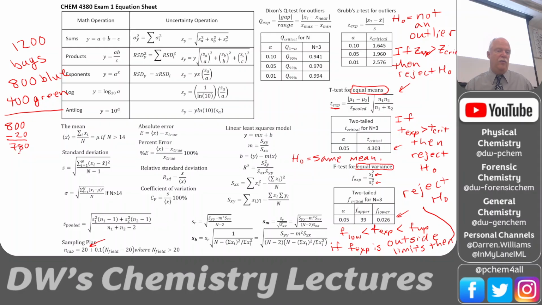And then we take 10% of that, times 0.1, is equal to 78. So 78 plus 20 is 98. 98 blue bags would be tested out of that 800.